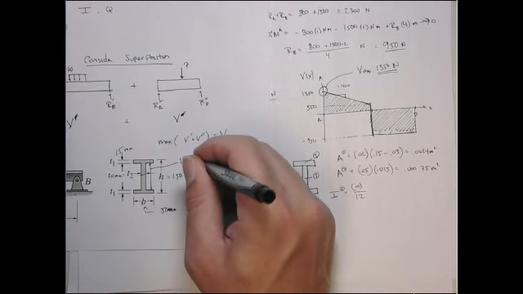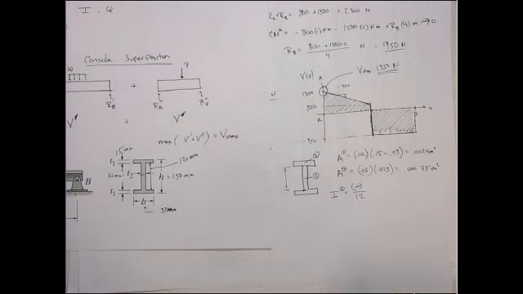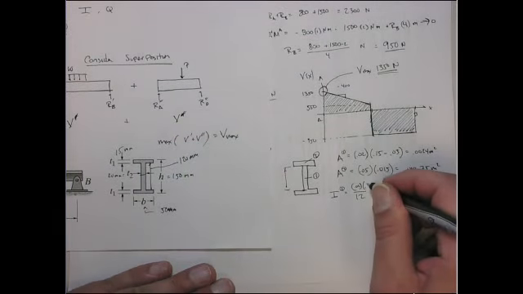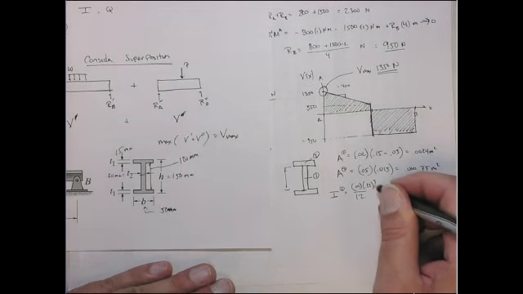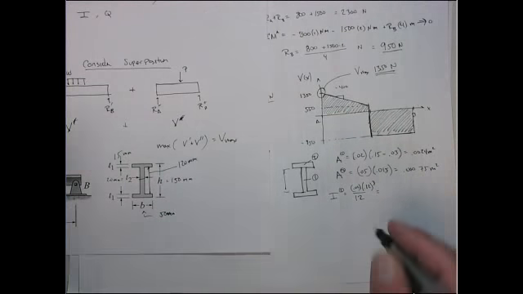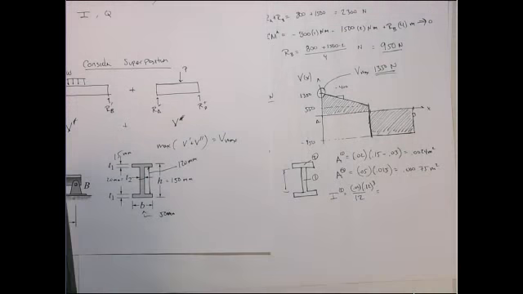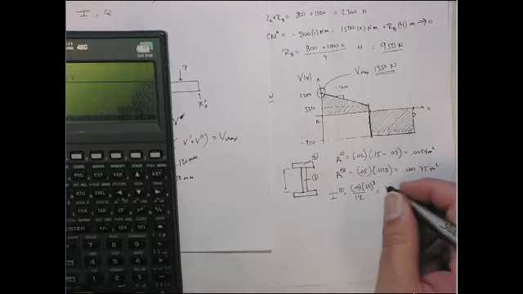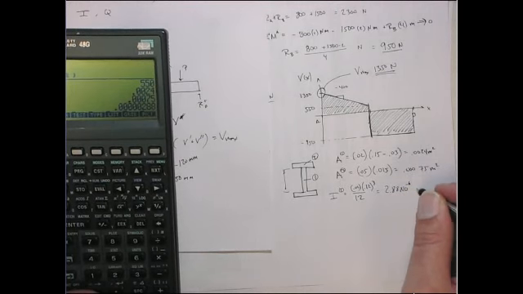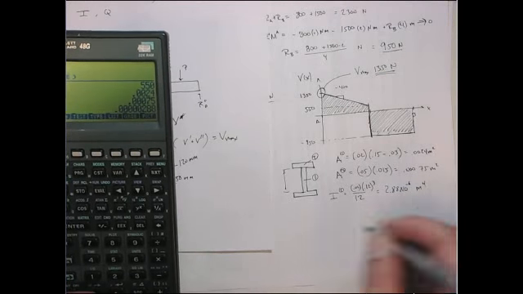This is 120 millimeters, right? That's the height of the web, 0.12 cubed. So that gives me 2.88 times 10 to the minus 6th meters to the 4th.